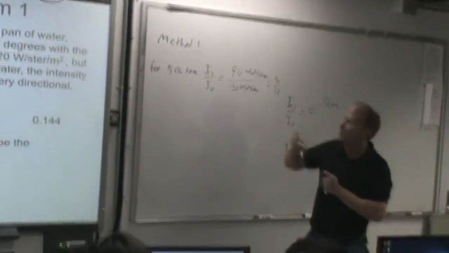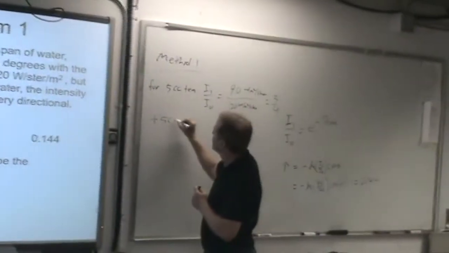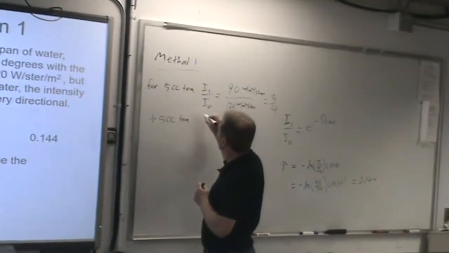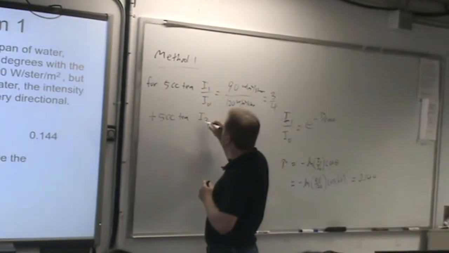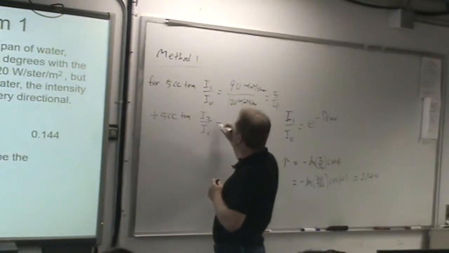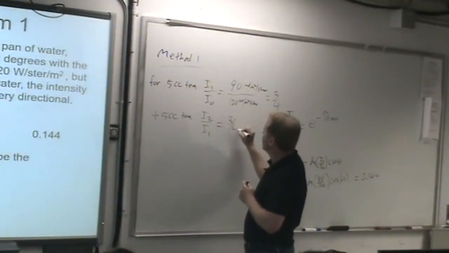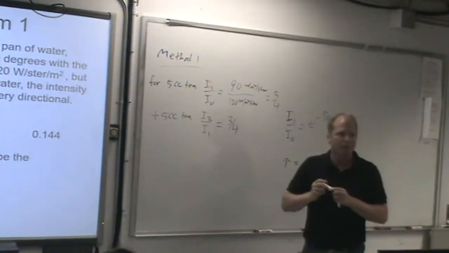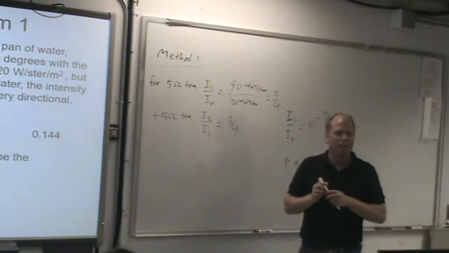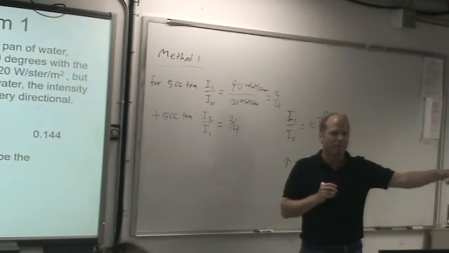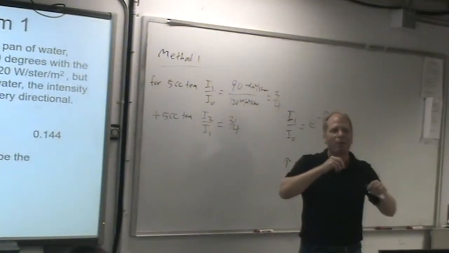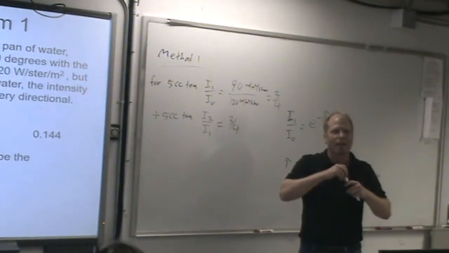And then plus 5 cc's T, we could say that I2 over I1 should be equal to the same 3/4. Does that make sense? That's what we did over there. Is that what you were talking about, more or less? Yeah, sort of.